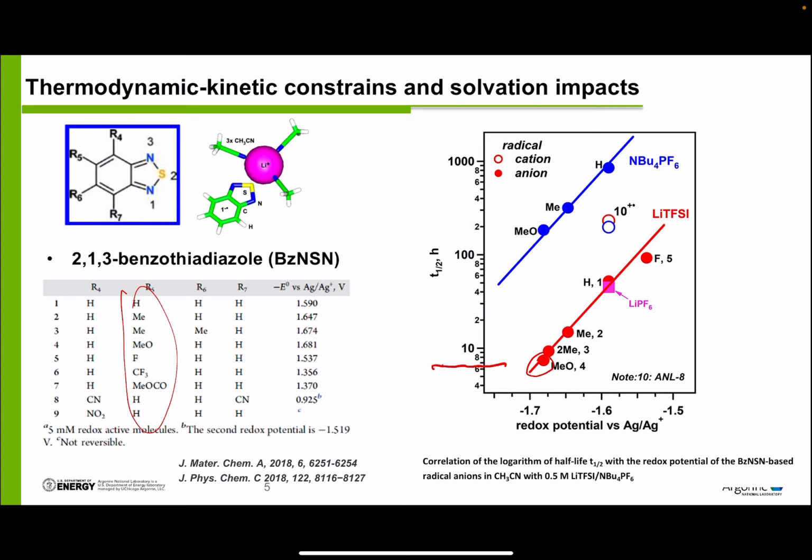This is actually a very common observation as there is a known thermodynamic kinetic relationship, right? If you have a higher energetic species, you're going to have faster kinetics, which in this case is a faster decay process, which translates into less stability.